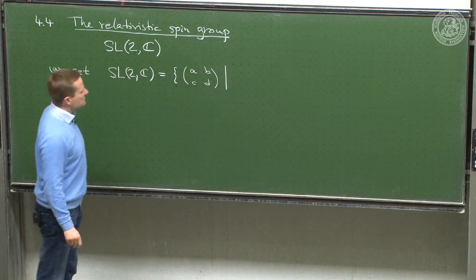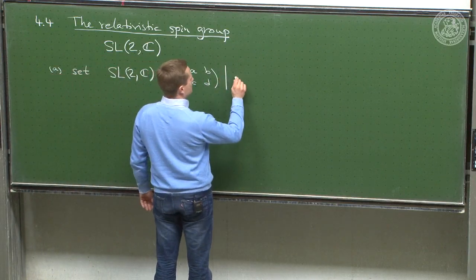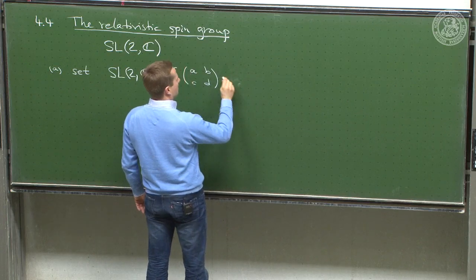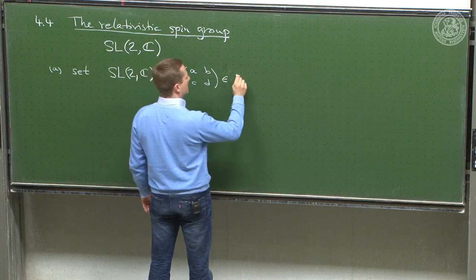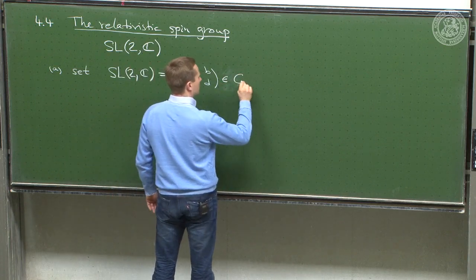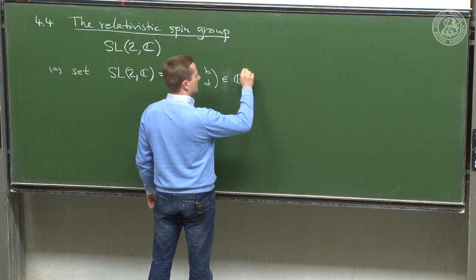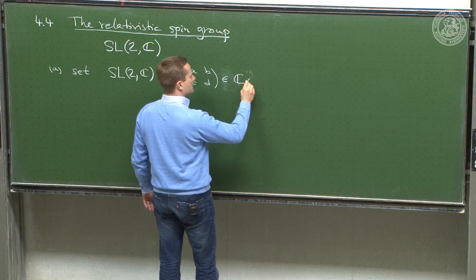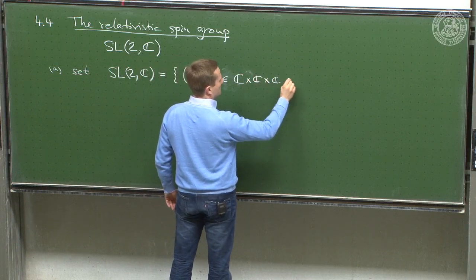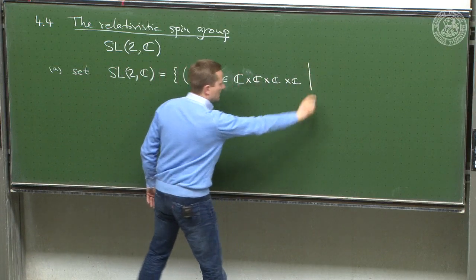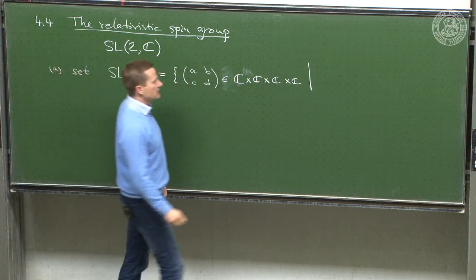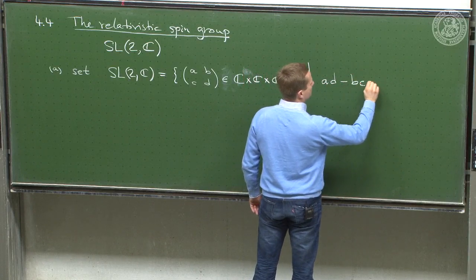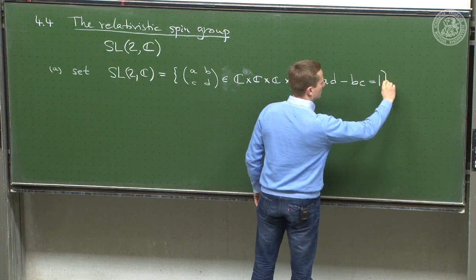And it comes with a condition. If it's a 4-tuple, it's an element of the complex numbers to the 4th, which obviously means Cartesian product, Cartesian product, Cartesian product. But not all of these 4-tuples. I impose the condition that AD minus BC equals 1.